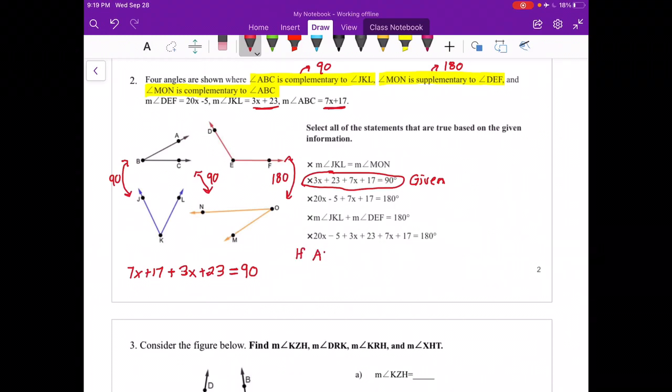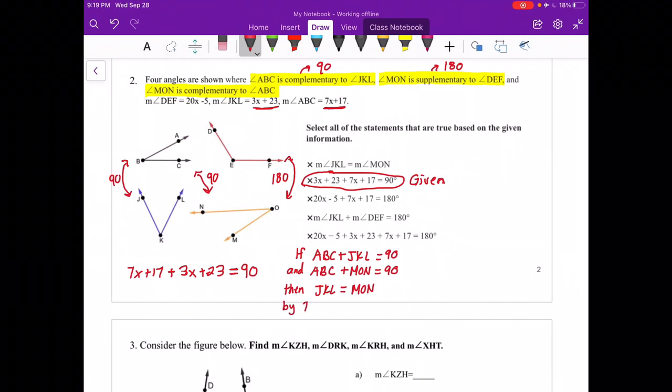Again, if ABC plus JKL is 90 degrees, and we also know that ABC plus MON is also 90 degrees, then we can assume that JKL is equal to MON by the transitive property.